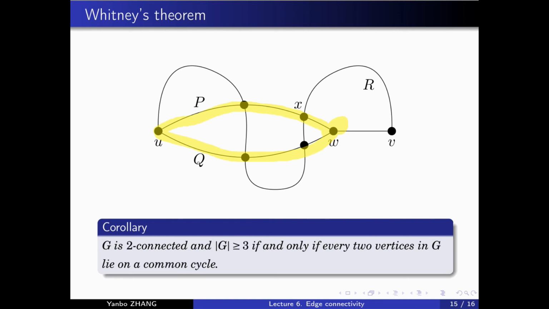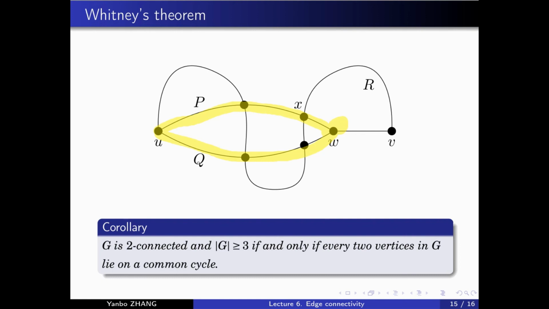Because G is 2-connected, G minus w is connected. Any two vertices are connected in G minus w.